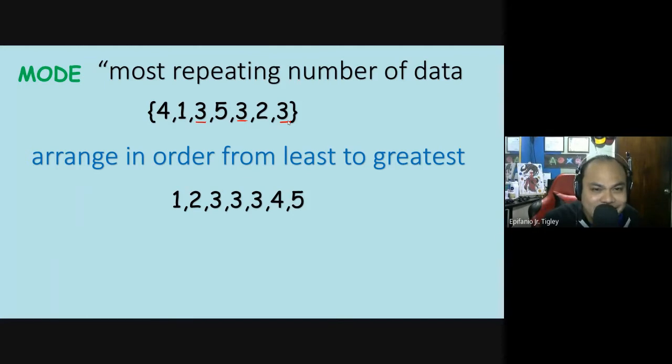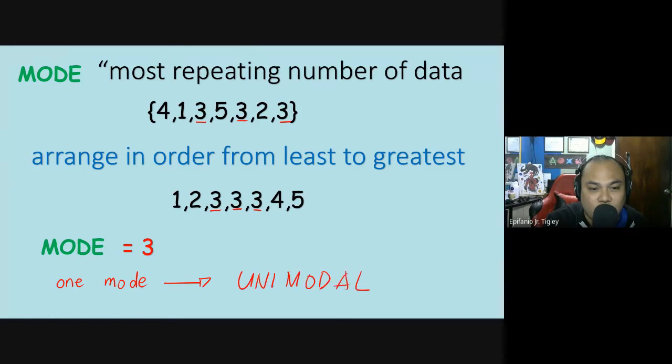I can clearly see that 3 is repeated 3 times. So the mode is 3. And when there is only one mode, this is what you call unimodal. It has only one mode.